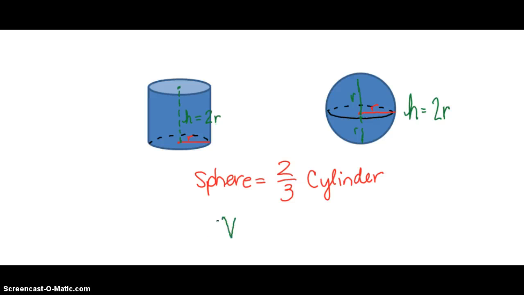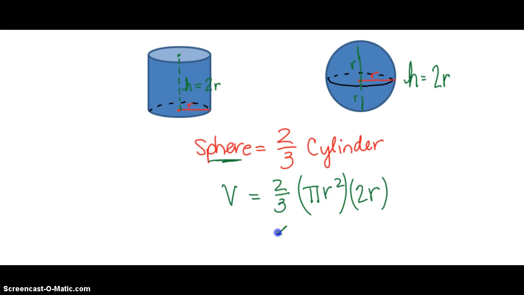So to find the volume of our sphere, this is what we're deriving here, it's going to be 2/3, and the volume of a cylinder is area of the base, pi r squared, times height. And our height is 2r. So as we multiply this out, we're going to get 4/3 pi r cubed.